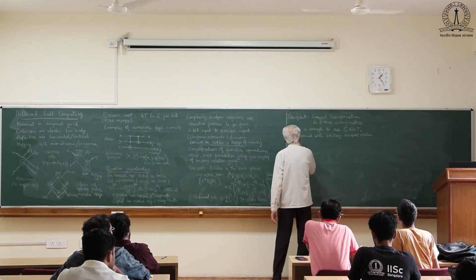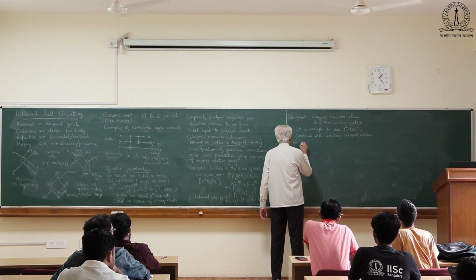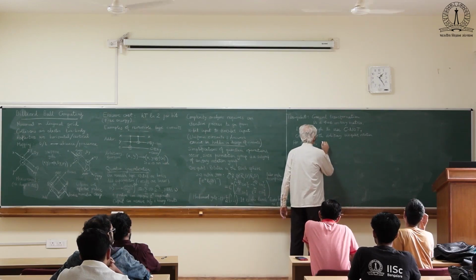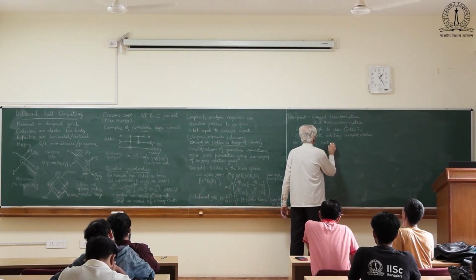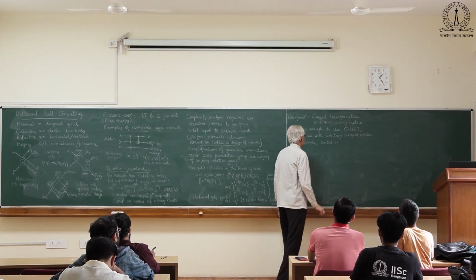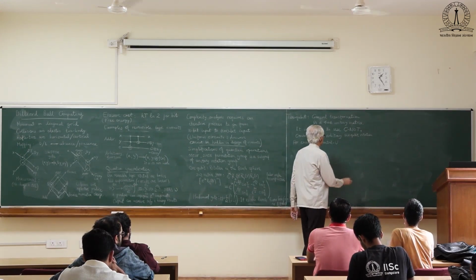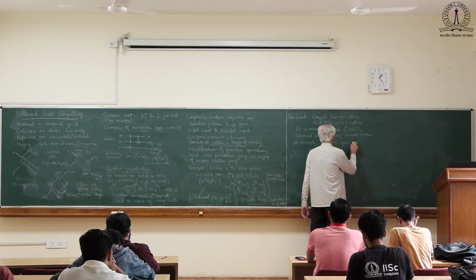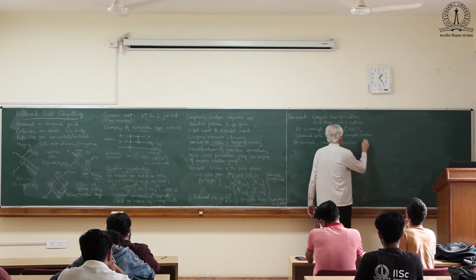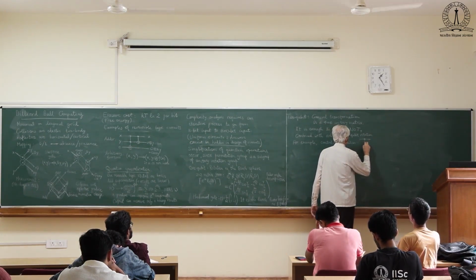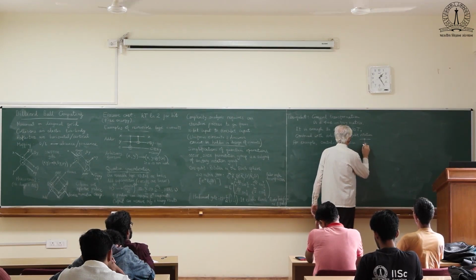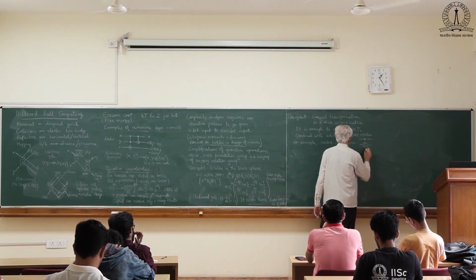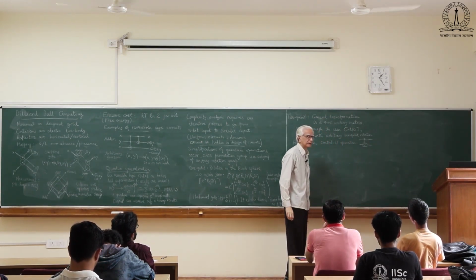And I will give the example explicitly. Suppose I want a control U operation, which can be denoted by the notation for the reversible circuit by this kind of a diagram.